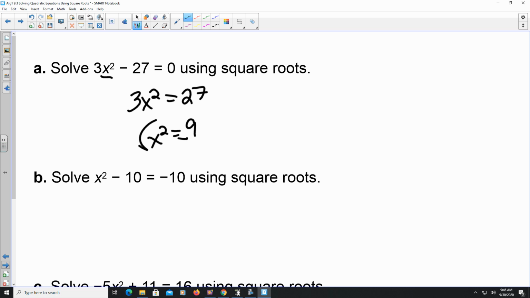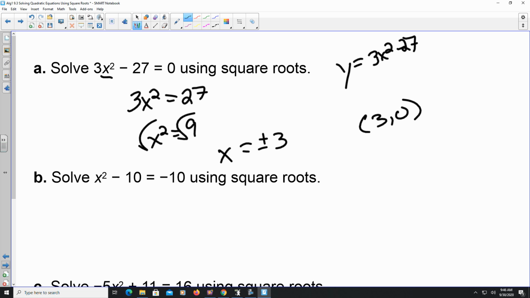Take the square root of both sides to get x is now going to be equal to, since 9 is positive, plus or minus 3. So if you were to use this equation, y equals 3x squared minus 27, you would get x-intercepts of 3 comma 0 and negative 3 comma 0.